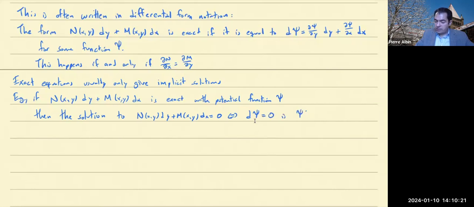And so the solution is psi of x comma y equals a constant. Right? So this gives us a relation between x and y. It gives a solution curve, but it doesn't necessarily give us y as a function of x explicitly.